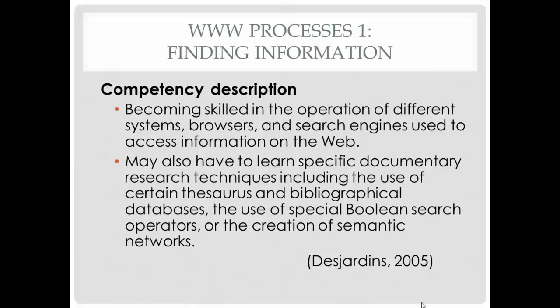World Wide Web processes 1. Finding information. A competency description can be viewed as becoming skilled in the operation of different systems, browsers, and search engines used to access information on the web, and having to learn specific documentary research techniques, including the use of certain thesaurus and bibliographical databases, the use of special Boolean search operators, or the creation of semantic networks, and that's taken from Desjardins 2005.